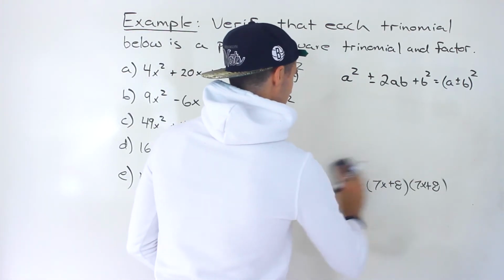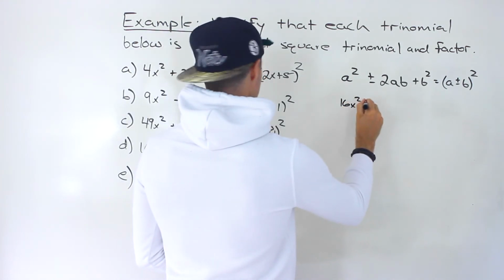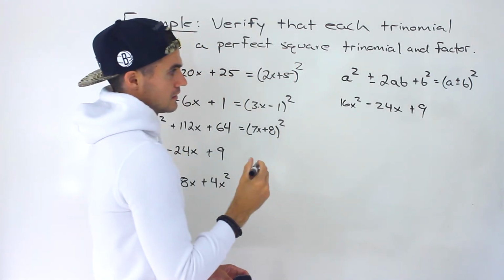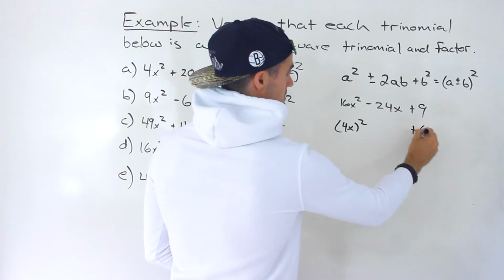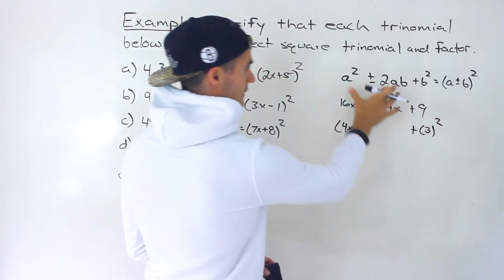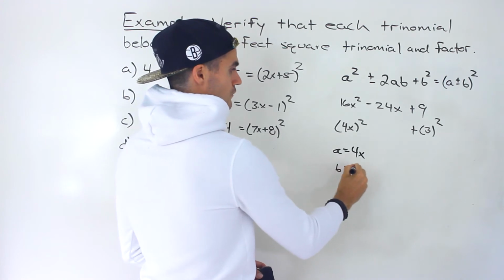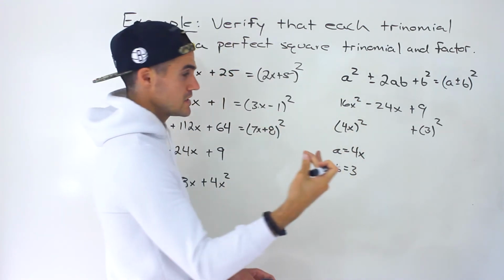Moving on to the next one, we got 16x squared minus 24x plus 9. Like that, first thing we do, let's rewrite those ends in this format. So we could get the a value of 4x, we could get the b value of 3. We have a negative here, so we're dealing with the minus 2ab case in the middle.